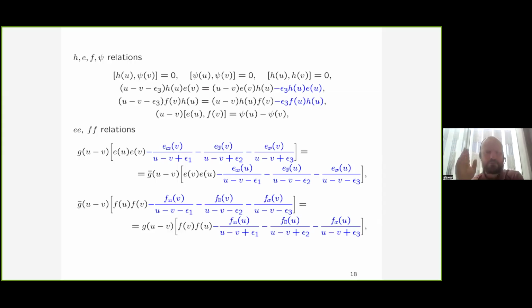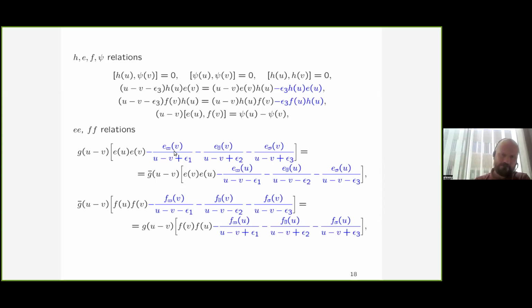They just replace my parameter Q in conformal field theory, which is usually substituted by b plus b inverse, the standard thing in CFT. And so epsilon 1, epsilon 2, and epsilon 3 are more or less the same as b, 1 over b, and minus b inverse, so that the sum of epsilons is 0.